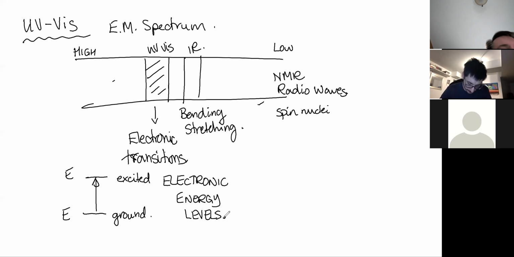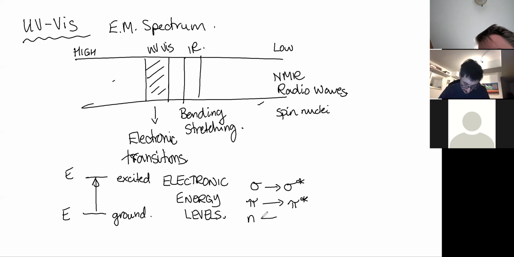So we are going to be moving electrons from, say, a sigma orbital to a sigma star, or a pi orbital to a pi star, or from non-bonding electrons, so lone pairs, to, say, a pi star. So we're talking about electronic energy level transitions here.